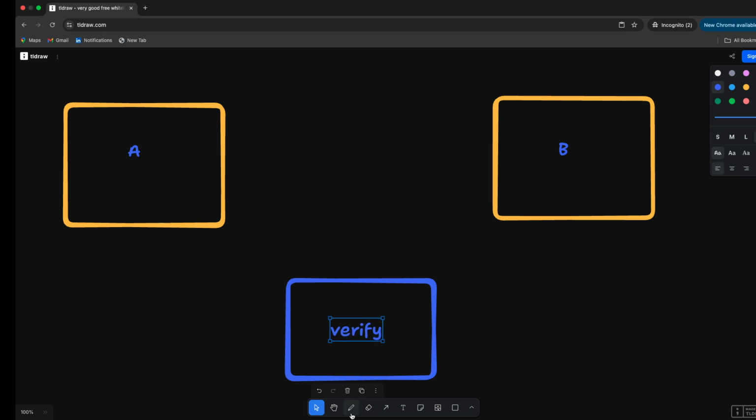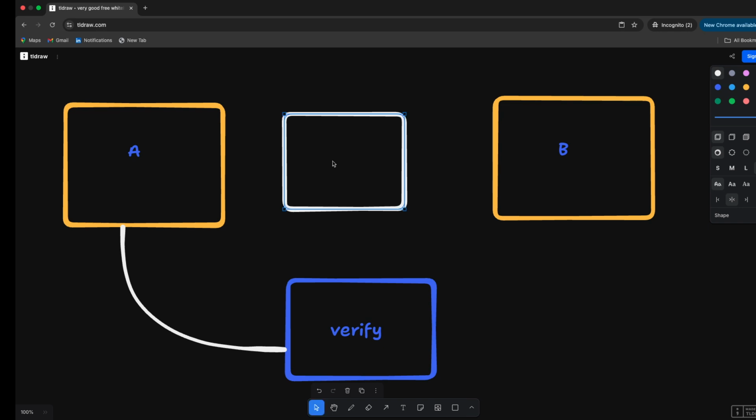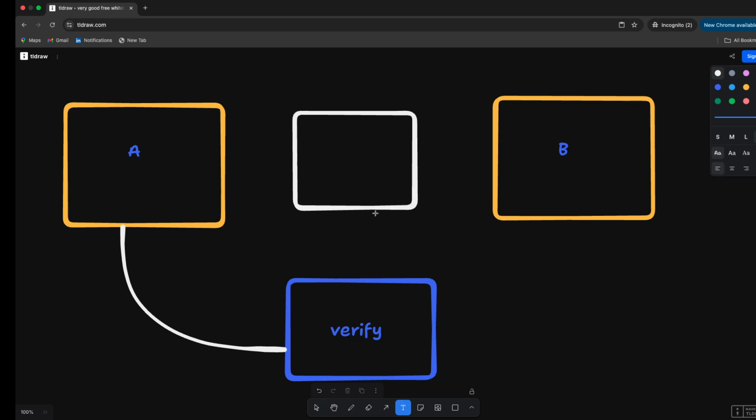Now A is going to send the message directly to this verification company, as well as its signature.